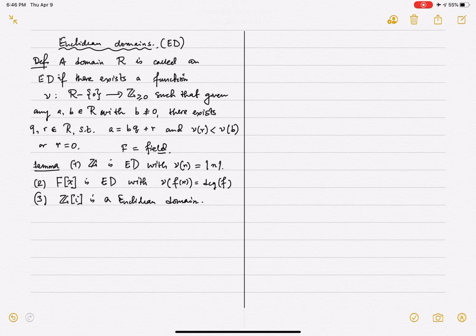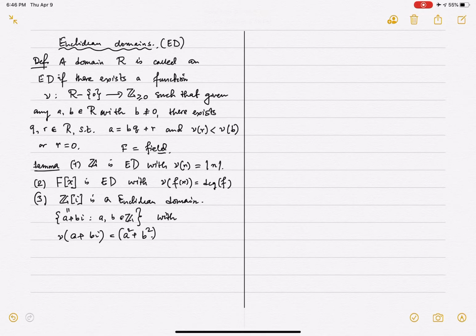Z[i] means, remember, all numbers of the form a plus bi, where a and b are integers, with nu of a plus bi equals a squared plus b squared, the size of the complex number, the norm of the complex number.